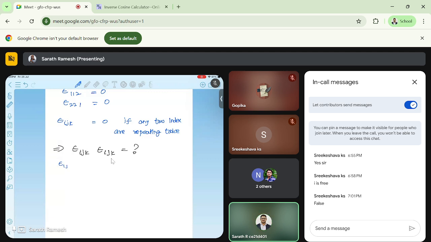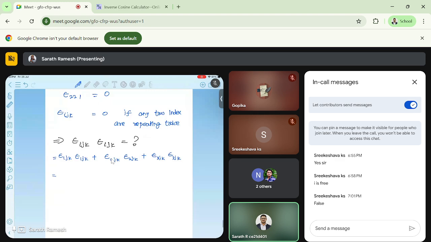Epsilon 1 1k epsilon 1 1k, epsilon 1 2k epsilon 1 2k, I have to sum it up. Epsilon 1 3k epsilon 1 3k. Okay, so this is the first term alone. Now second term, let's write it here.